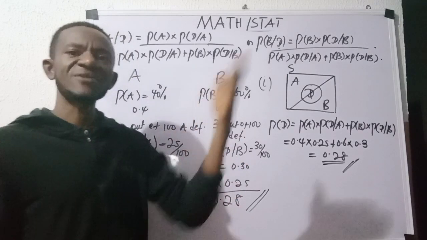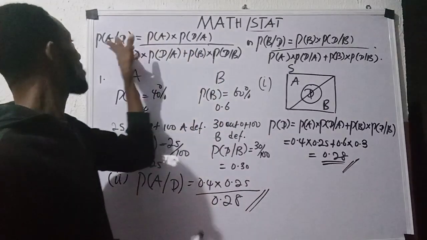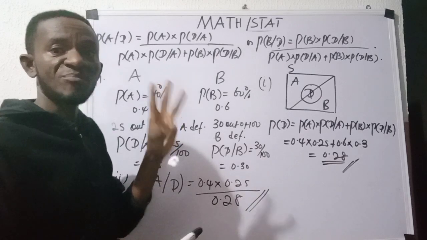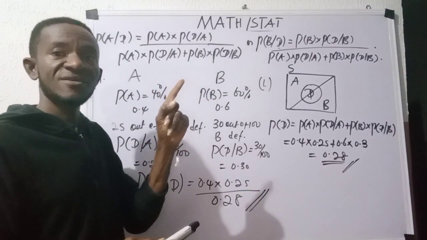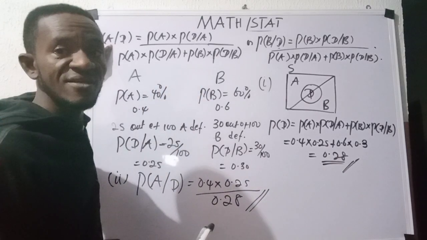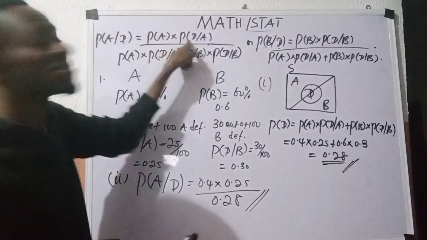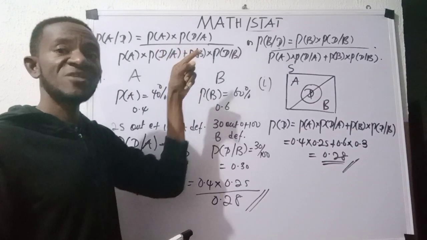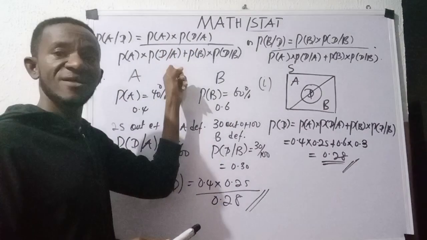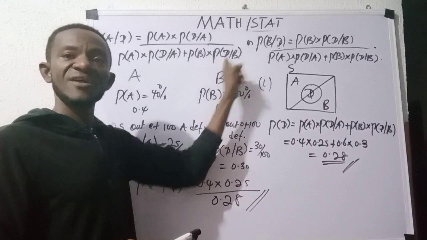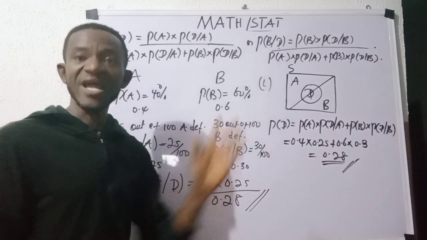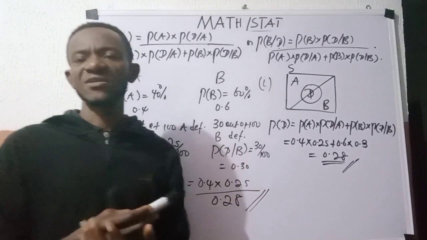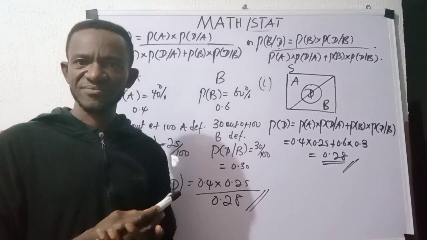So in that case, even without deriving it now, once you talk about the probability of A given D, and assuming we have about 3 plants, plant A, plant B, plant C, and your interest is on plant A, the numerator still retains what it is because you're talking about plant A. The only thing that is going to change is the denominator, because in the denominator, you are going to talk about factory A, talk about factory B, and equally talk about factory C down the line. And with that, you do not have a problem in solving problems that connect to that.